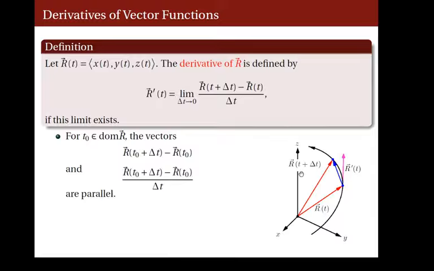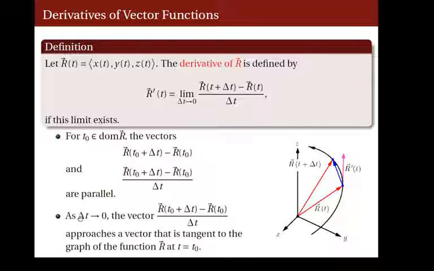Now note that as delta t tends to 0, this blue vector here tends to this pink vector, which is R prime of t.